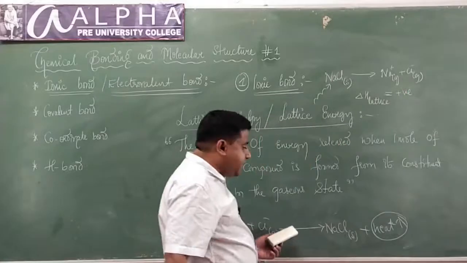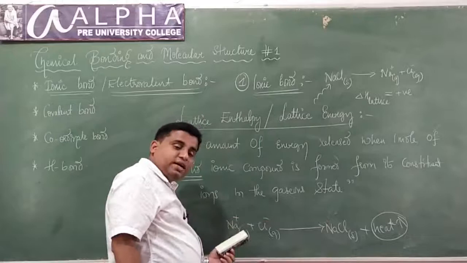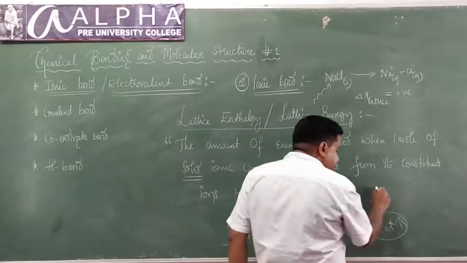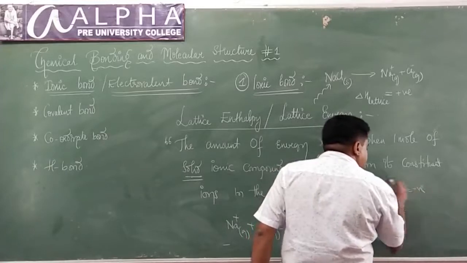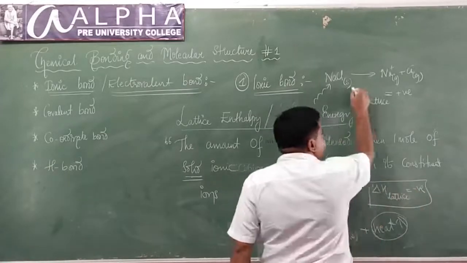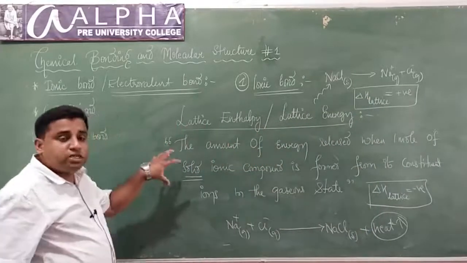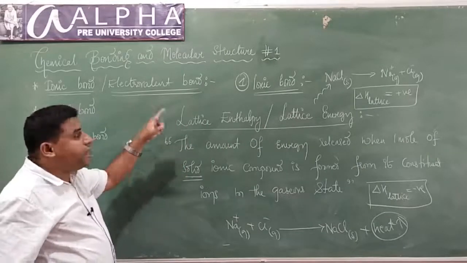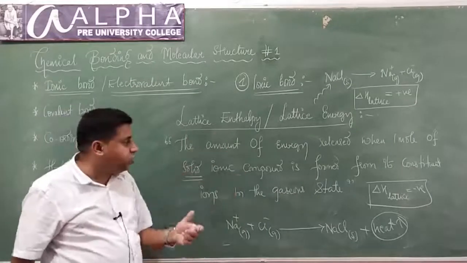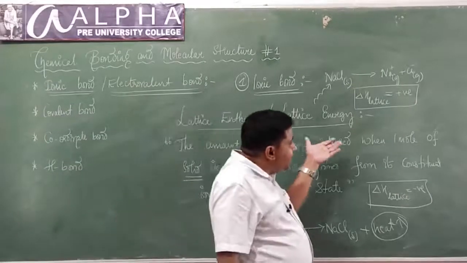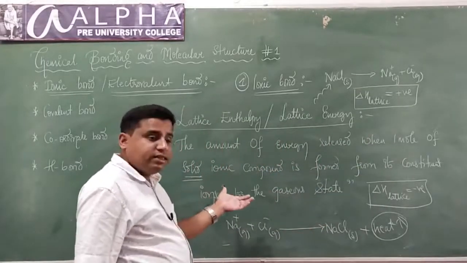Whereas here, heat is released when 1 mole of solid sodium chloride is formed from constituent ions in the gaseous state. Therefore, lattice enthalpy in this case is negative. So this lattice enthalpy is exothermic, whereas this one is endothermic. Please remember this point. This concept is very important under ionic bond or electrovalent bond. So what is lattice enthalpy? The amount of energy released when 1 mole of ionic compound is formed from its constituent ions in the gaseous state.